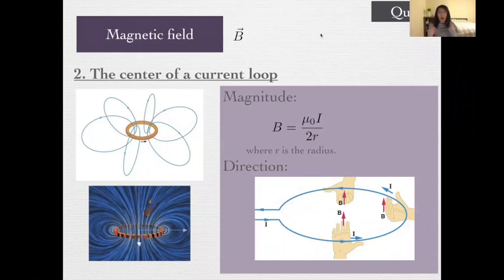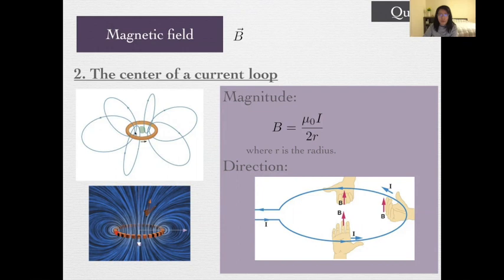We can also wire our current into a loop, like the solenoid case that we just talked about. If we wire the current into a loop, then things will become a little bit complicated, right? Because you see the magnetic field is not uniform everywhere. So this yellow-orange ring is a current loop.